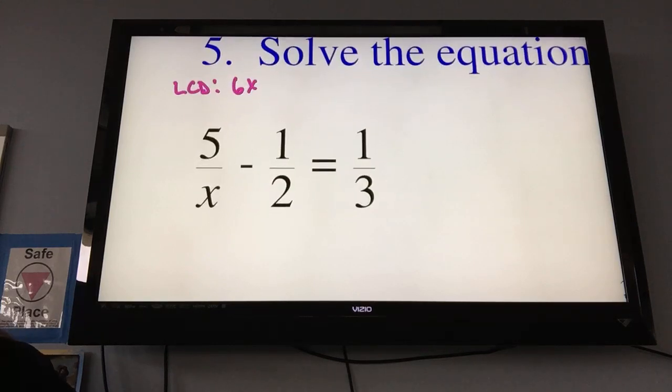So then I take every term of the equation times the common denominator.